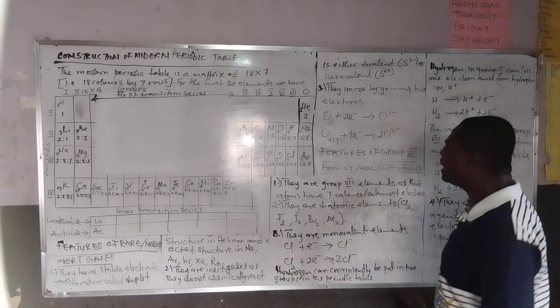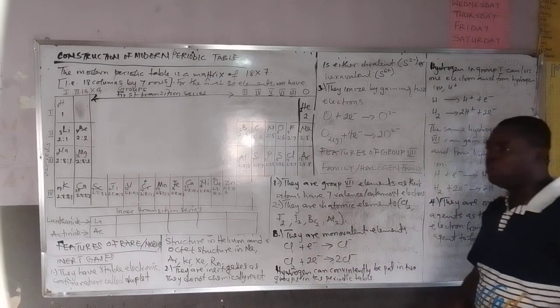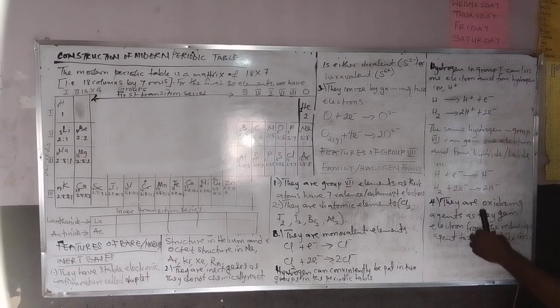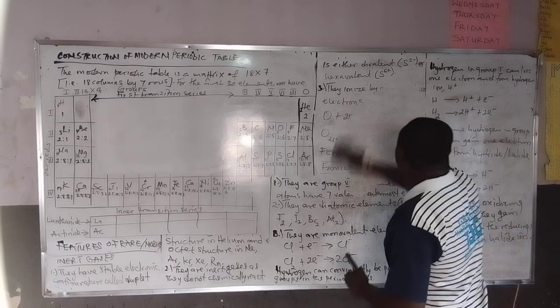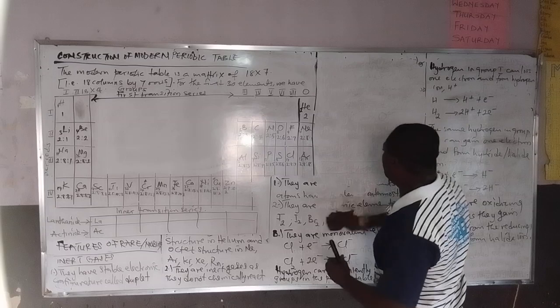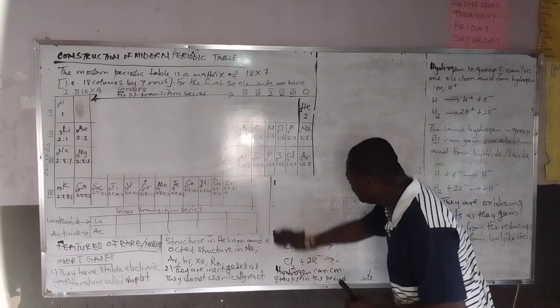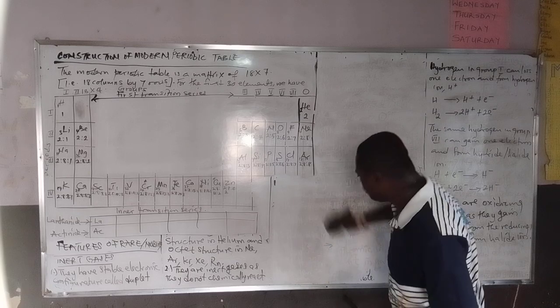They do not lose electrons, they do not gain electrons. Those other elements that react, their atoms react to either lose electrons, gain electrons, or share electrons so that they can have a stable configuration of duplet or octet like that of a noble gas. So they are the ones that every other element wants to look like.